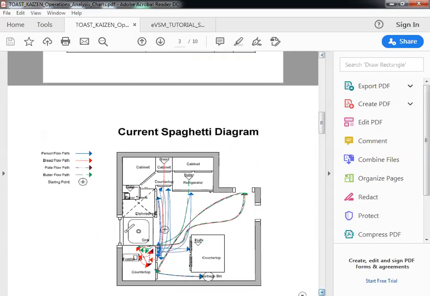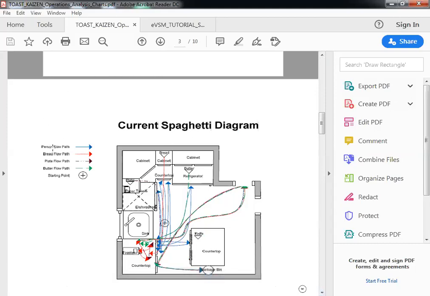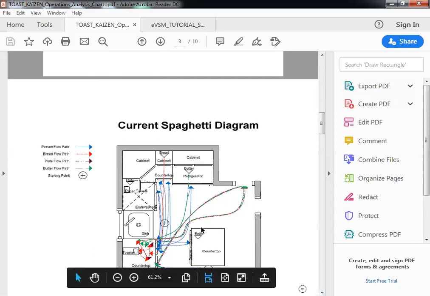all that it's capturing is there are different objects being tracked. So the blue arrow captures the person's movement, the red arrow captures the product's movement, the brown arrow captures the plate. It's like a fixture, like a tool. This captures the material. I think there are other charts, right? There's a knife involved.